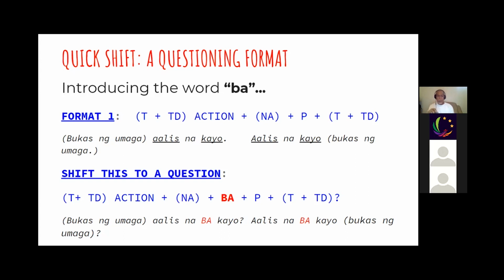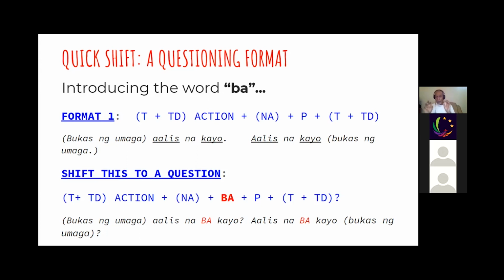Okay? So the ba comes after the na. If there is no na, it comes after the action. However, if the queen ka comes in, the ka goes first. But between the na and the ba, the na goes first.